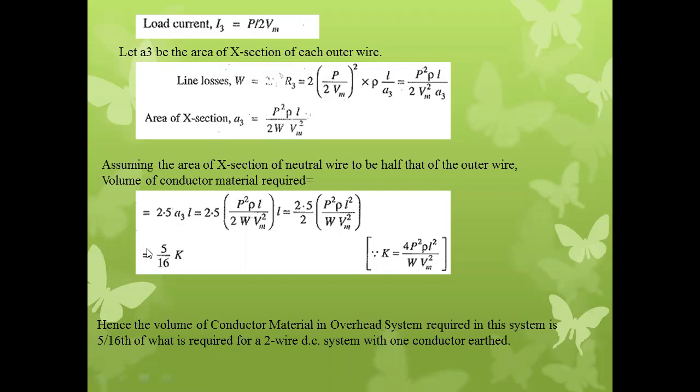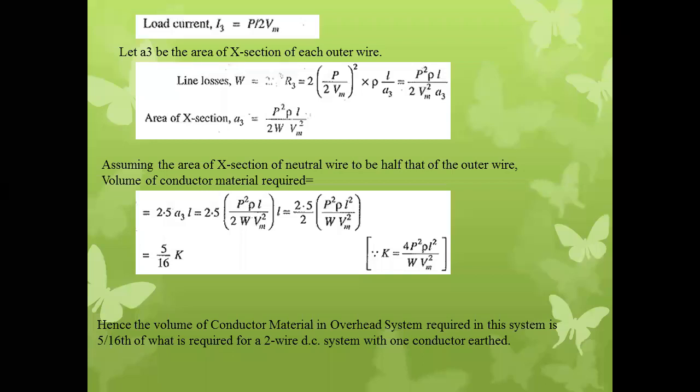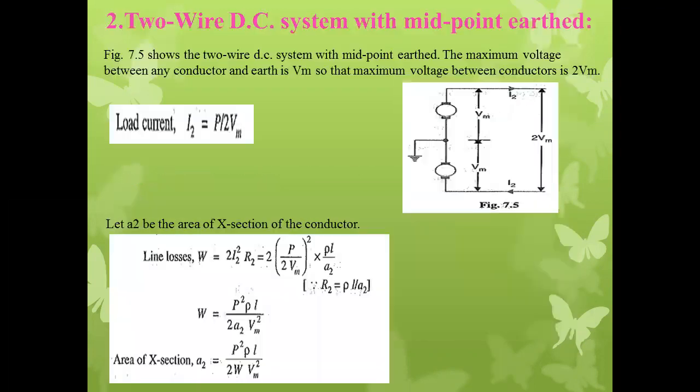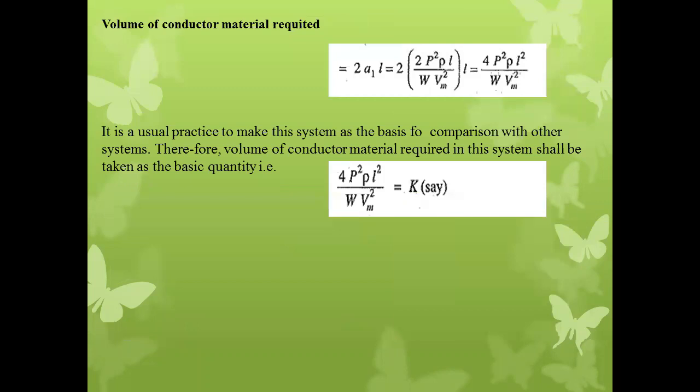In the first case, the two wire DC system with one conductor earthed, the volume of conducting material required is K, where K is 4P square rho L square divided by W into Vm square.